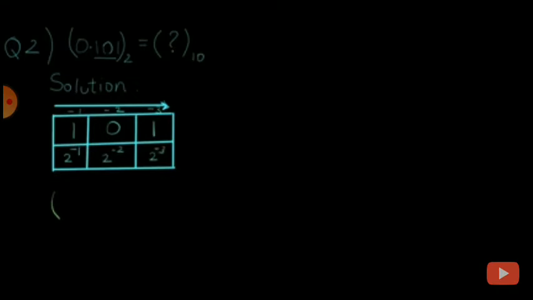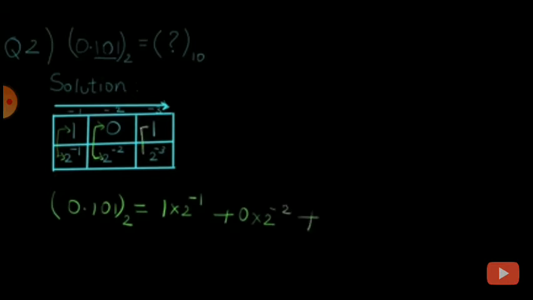Now calculating the final value of 0.101 binary to decimal, we have multiplication of these two numbers, 1 into 2 raised to minus 1, plus multiplication of these two numbers, that is 0 into 2 raised to minus 2, plus multiplication of these two numbers, 1 into 2 raised to minus 3. Now this is equal to 0, so we ignore this.